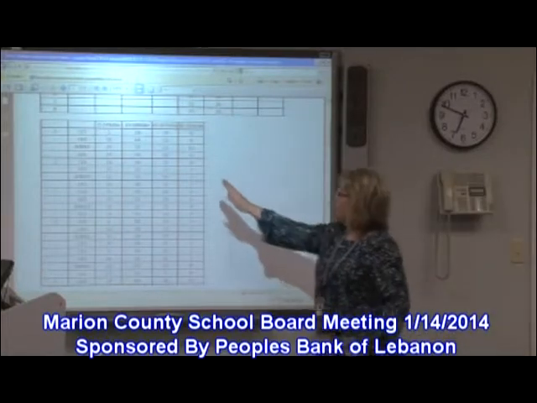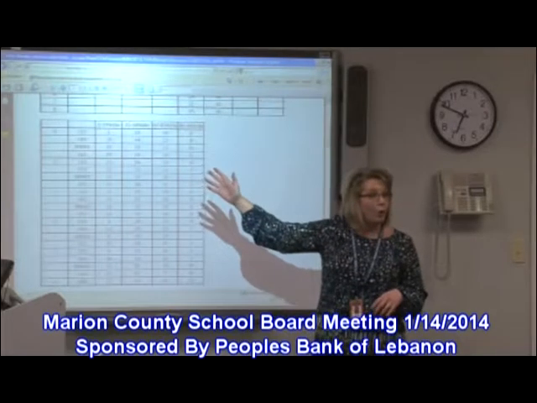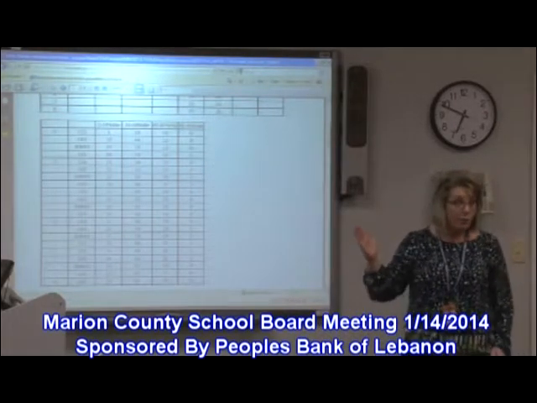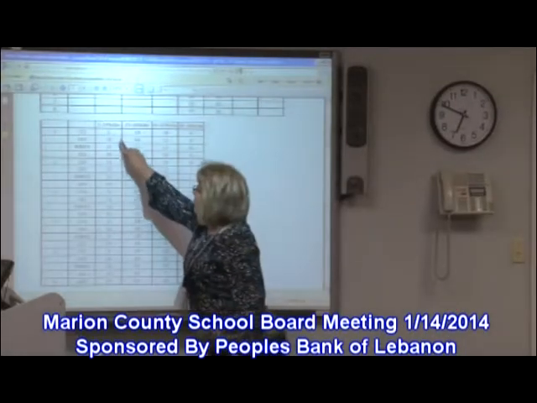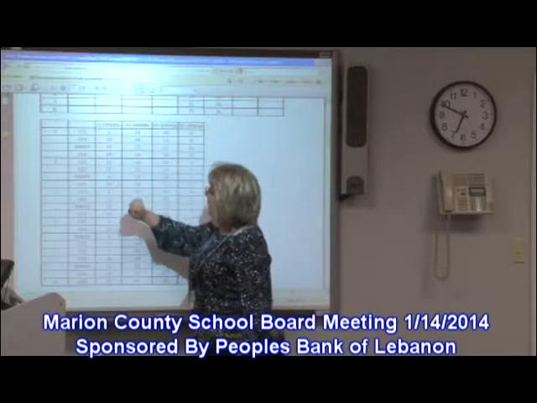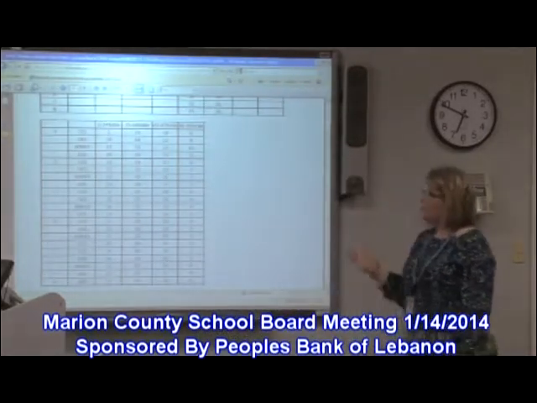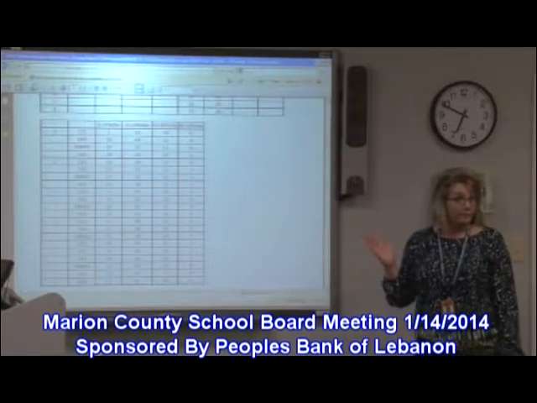So, if a child was in the 24th percentile or lower, we're guessing that's in the novice range. We're not saying that they're novice, but that's the prediction. These are the actual numbers. So 5 students at Calvary, 10 at Glasscock, 21 at West Marion, 24 at Lebanon Elementary School in first grade.